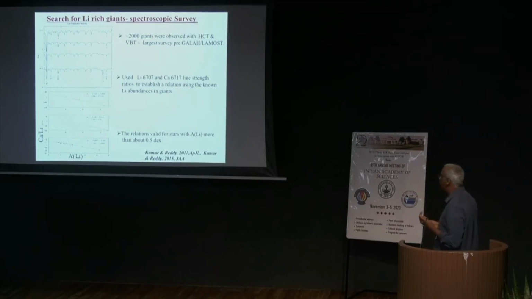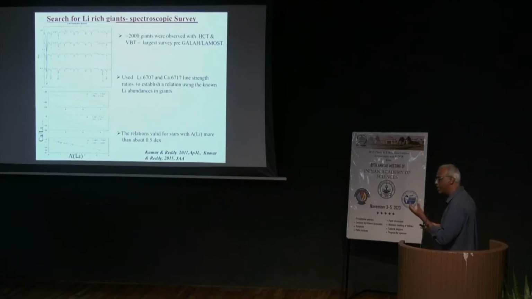We used one lithium line and the calcium lines in extremely low resolution spectra, and then we used the ratios, because these lines are insensitive to temperature as both have a lower excitation potential of 0. And we look only at similar metallicity, because calcium is the metal, and lithium doesn't care. It is sensitive to various things.